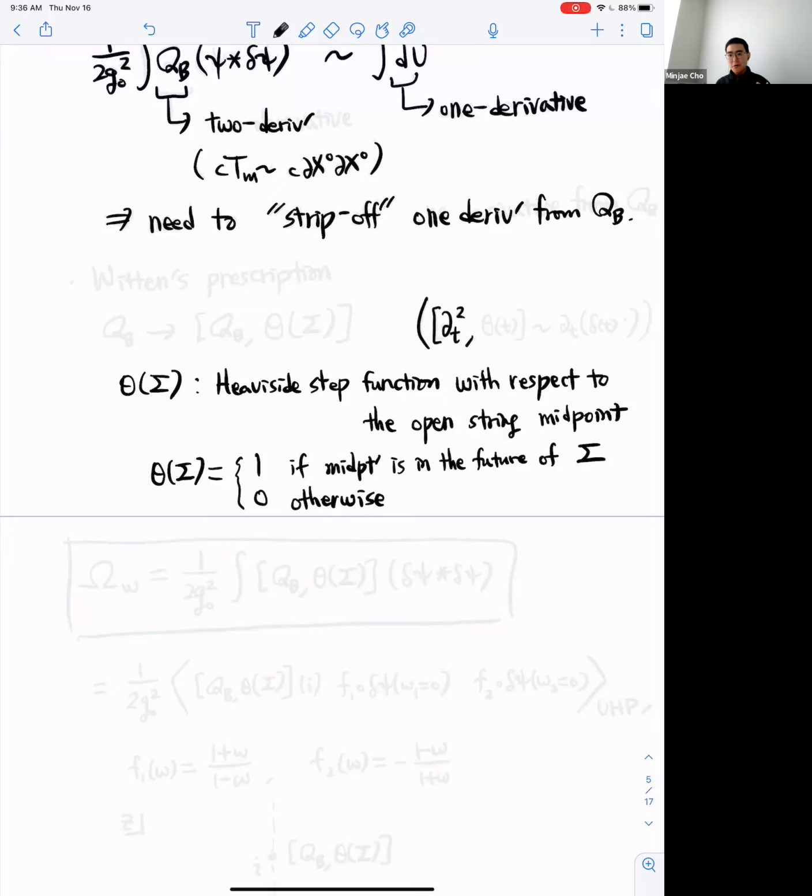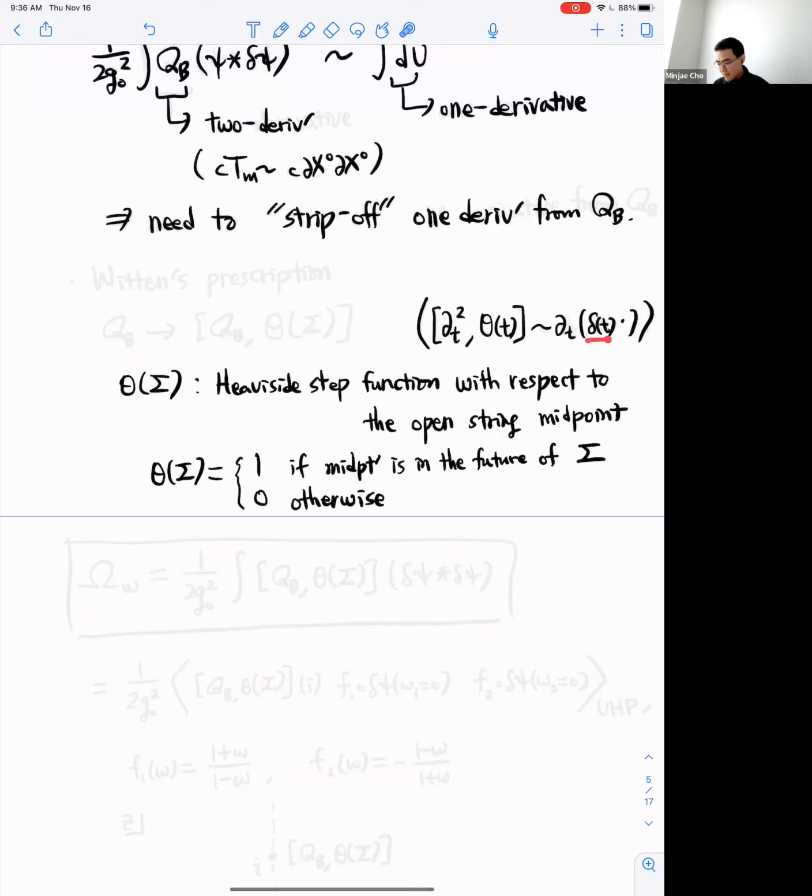So now let's consider the ordinary derivative. Okay, we have a derivative in this t squared. And if you consider its commutator against the step function, you can actually show that it gives rise to a first order derivative.